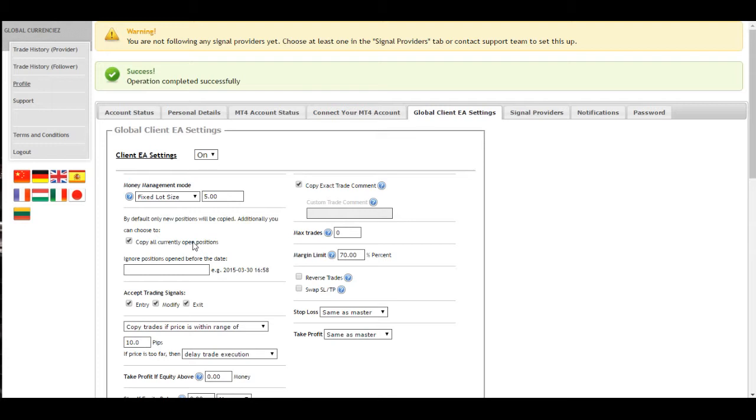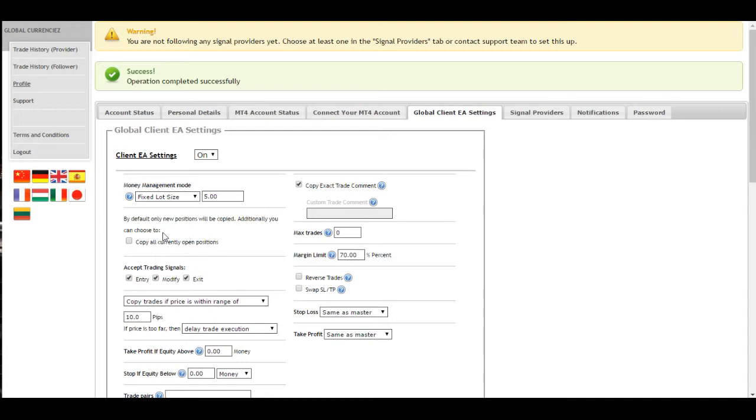His trade may be in profit, but since you have that option selected, it can't open any trades from the past. It can't go back and get you into profit. So what it's going to do is open the trade wherever the market is. He could be getting ready to close that trade in the next 5 minutes, but you decided to have this option selected, and I really advise against this option.